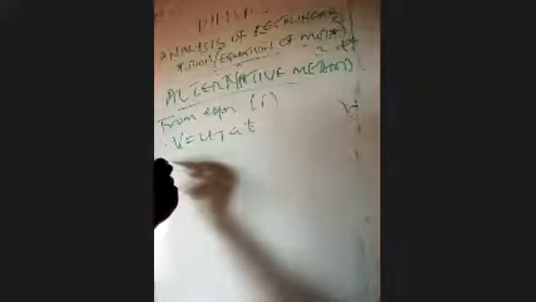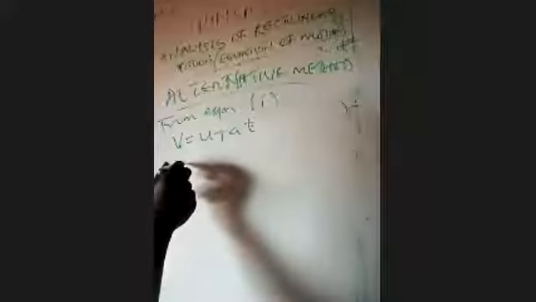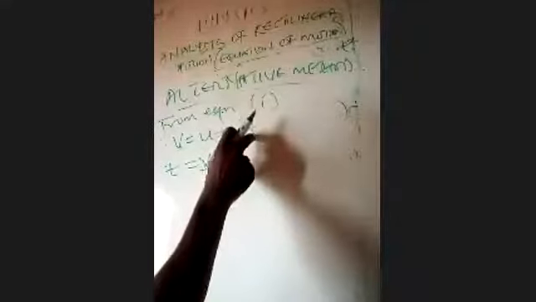t can now be equal to, if a crosses, v minus u all over a. So t will be equal to v minus u all over a.